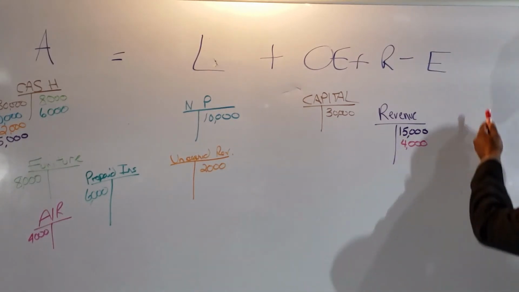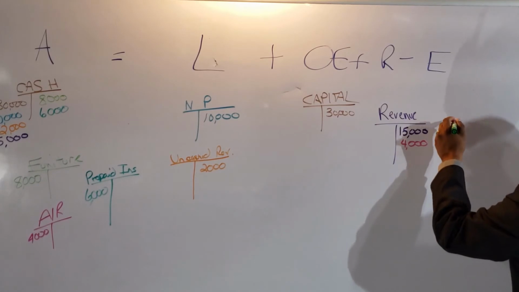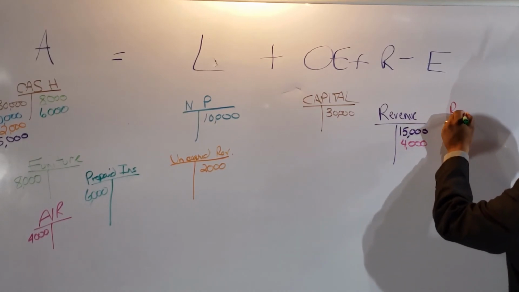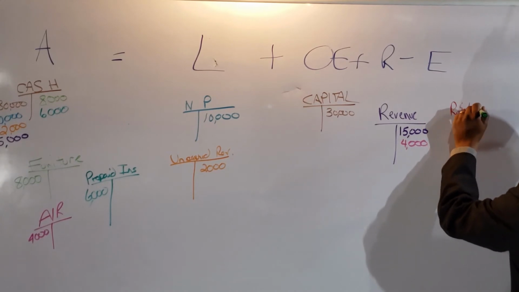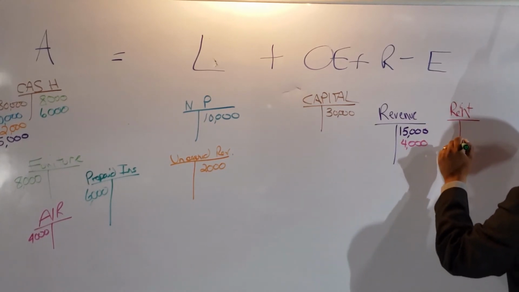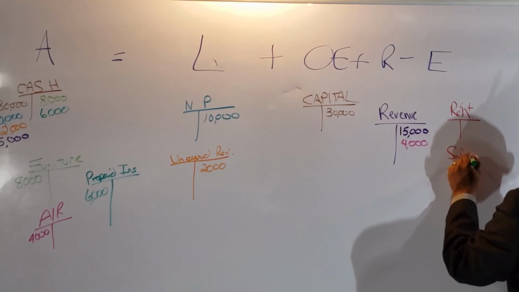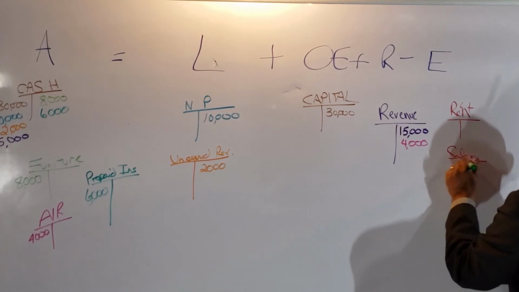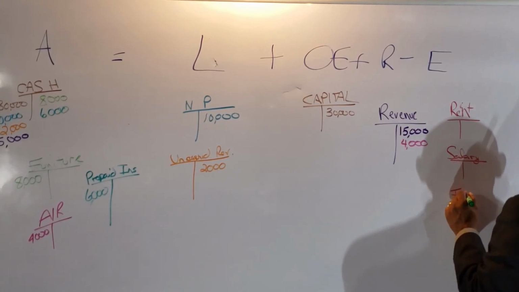So we're going to put it over here in the expense side. We have rent expense, we have salaries expense, and we have interest expense.